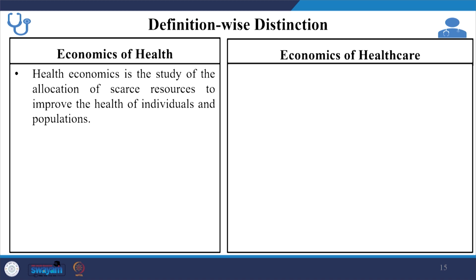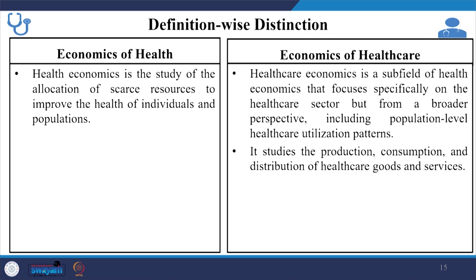So far as definition is concerned, health economics is the study of allocation of scarce resources to improve the health of individuals and the populations, whereas healthcare economics is a subfield of health economics that focuses specifically on the healthcare sector and from a broader perspective, including population level healthcare utilization patterns.